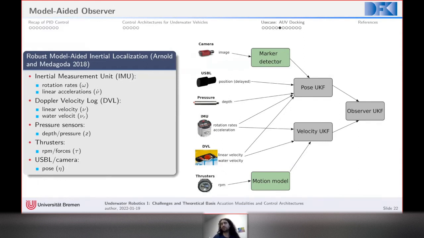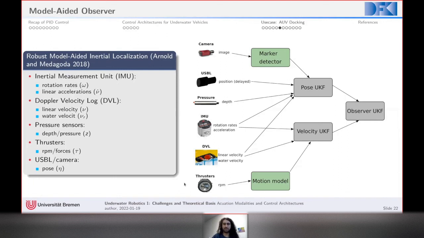So if you have both at the same time, ground bottom lock and acoustic Doppler current profiling, then you can estimate your water relative velocity. However, if you don't have bottom lock, then it gets harder unless you see, for example, markers or you have some other means.